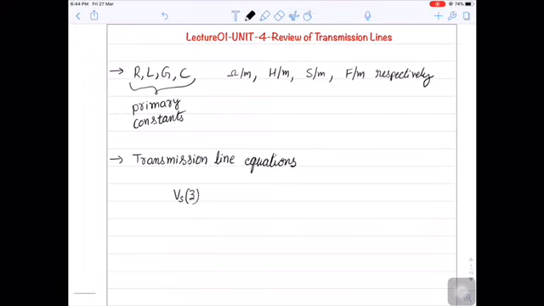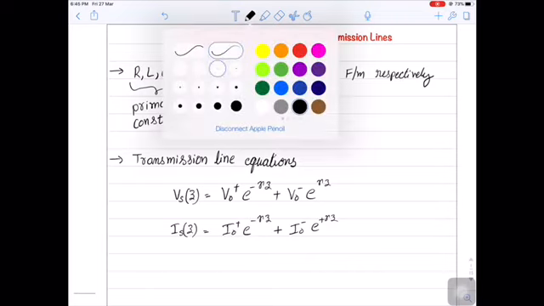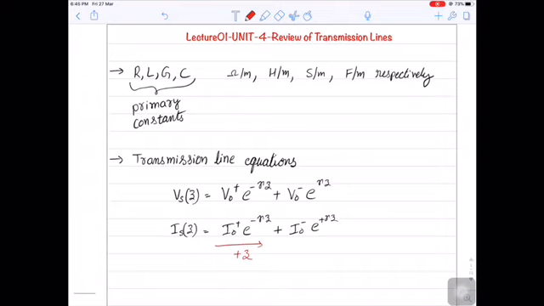Vs(z) = V0+ e^(-γz) + V0- e^(γz). Similarly, Is(z) = I0+ e^(-γz) + I0- e^(γz), where V0+ and I0+ represent the voltage and current which are moving in the positive z direction, similarly V0- and I0- represent the voltages and currents which are moving in the negative z direction.